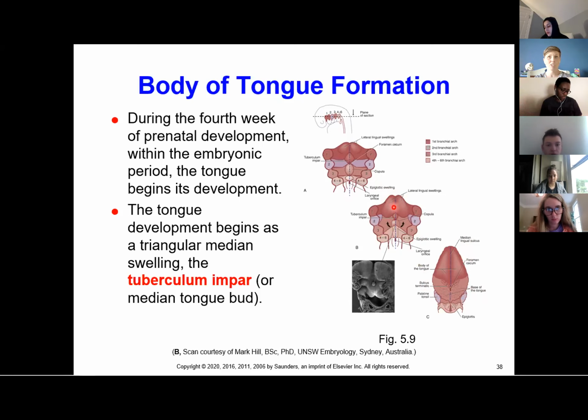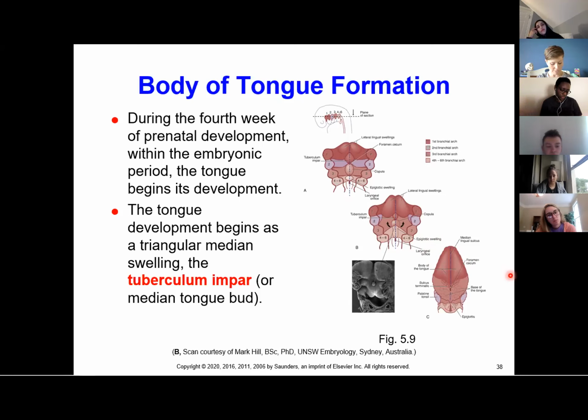But the tip of your tongue, the part that we actually see, you have your foramen cecum here, which is really at the base of the tongue where you almost can't see that part. And we only really see what comes from the first pharyngeal arch.